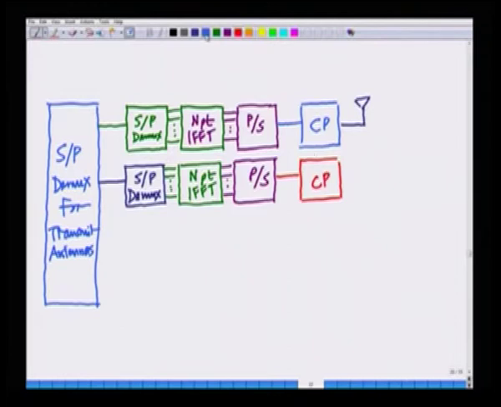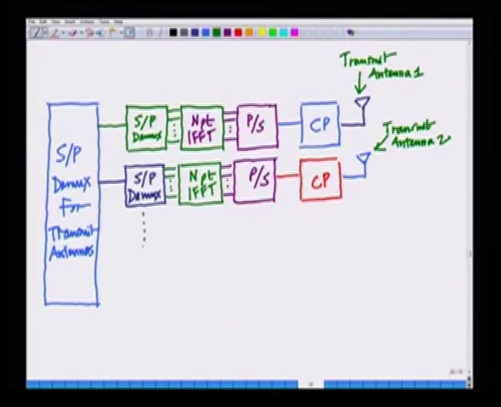So, this is the addition of the cyclic prefix at transmit antenna 2. So, the first one is transmit antenna 1, the second one is transmit antenna 2, and so on and so forth.